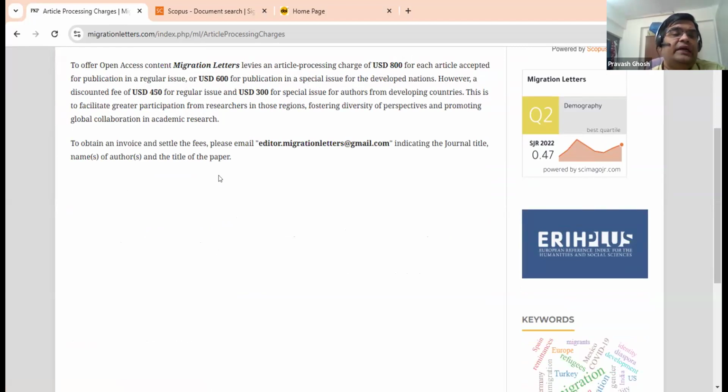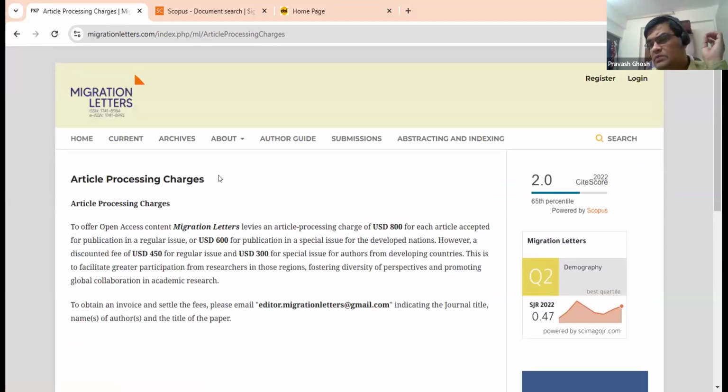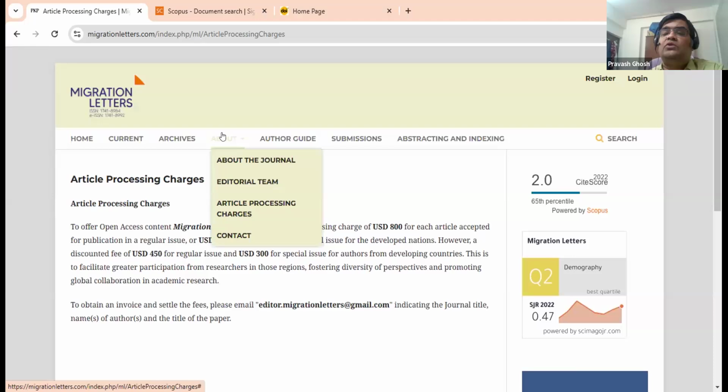So this is totally a fraud journal. They will mention this APC, but they may charge you much more, maybe $1,000.